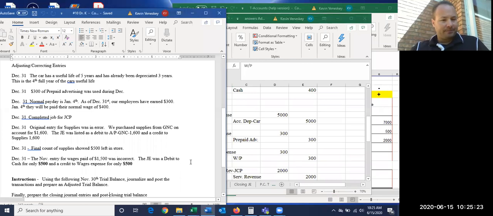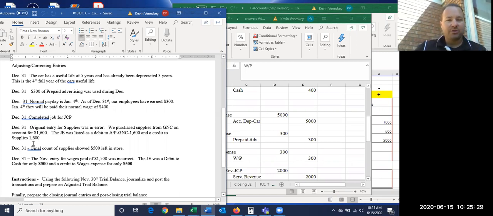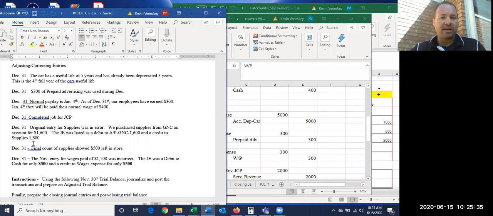Okay, now, two of our last three are going to be what's called correcting entries. These are entries that were originally done incorrectly by the old accountant, and we're going to now go in and correct them. The way to correct something is typically you do it in two steps.